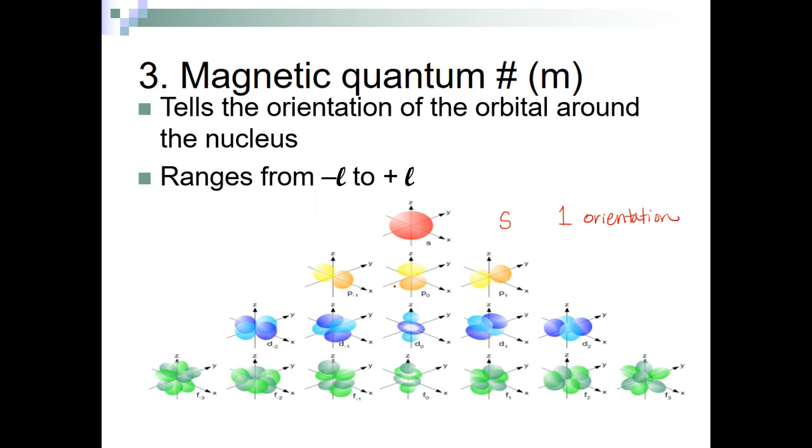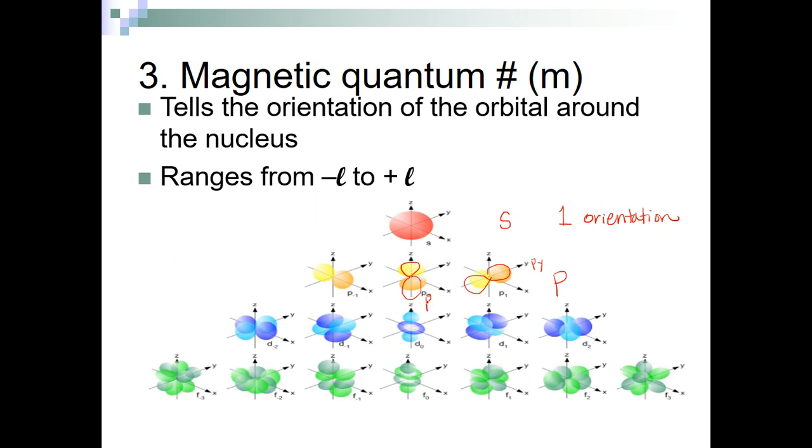But with the p orbitals, there's 1, 2, 3 orientations. These are our peanut-shaped orbitals. Notice this one here on the far right is aligned on the y-axis. We call this the p sub y. This one is a p orbital lined on the z-axis.